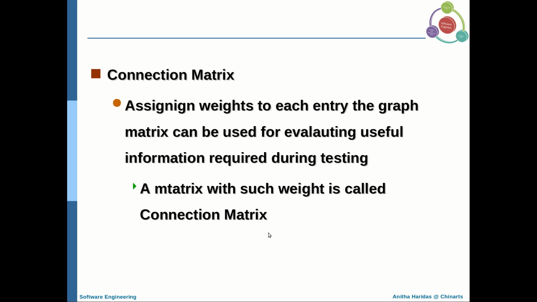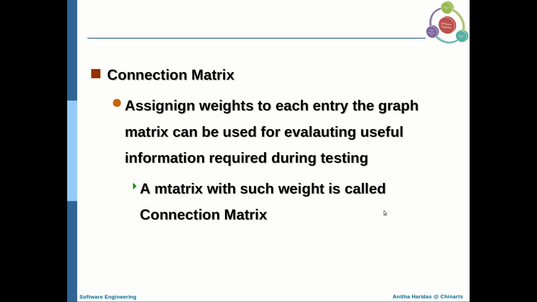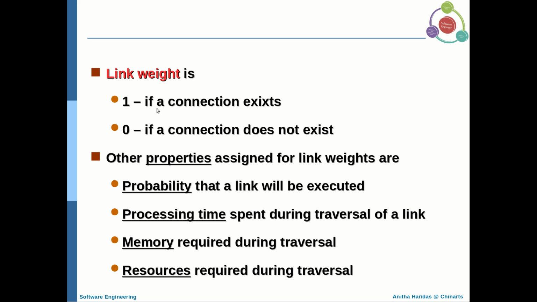This is the graph matrix, and we are going to assign weights to it. For example, if I have a connection from node 1 to node 3, I assign a weight value of 1. And if there is a connection from 1 to 4, I also assign a weight value of 1. So if the connection exists, I assign the weight value as 1.